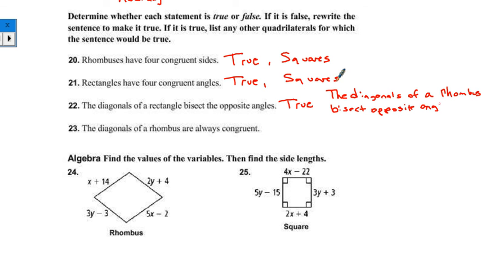That would make it true. You could have also said squares. It's true in a square as well, because a square is just a special rhombus.